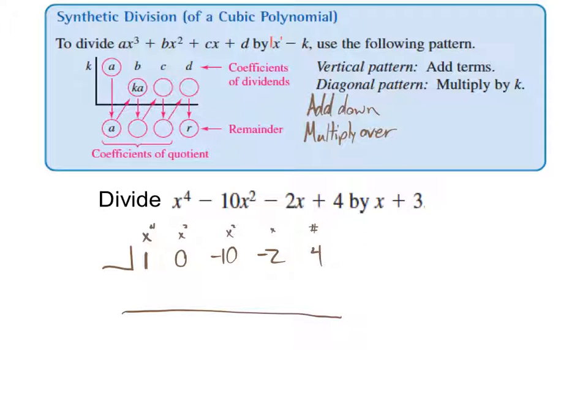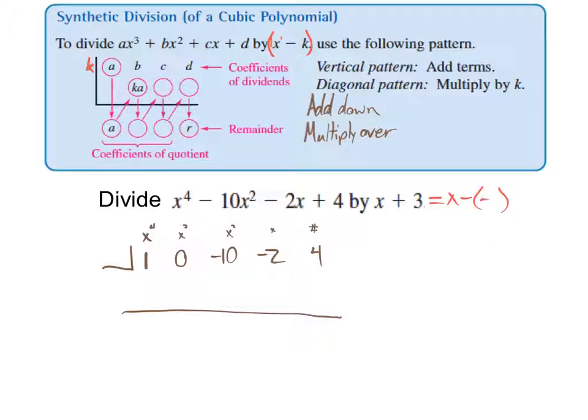Now notice up in here, this is for dividing by x minus k, and we use the k over here. So you have to think of k as what are we subtracting from x. So I see an x plus 3, so I have to think, okay, that's x minus what? A negative 3.